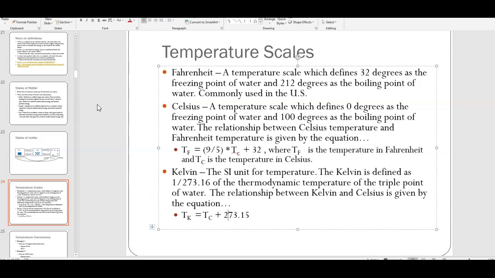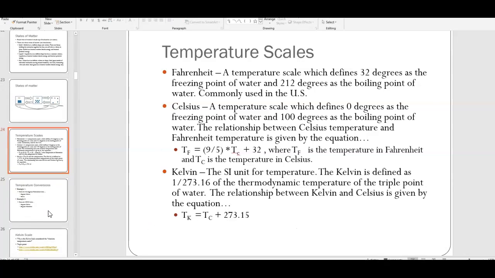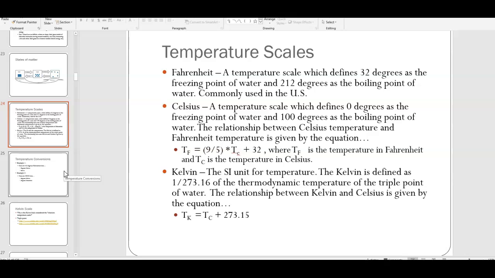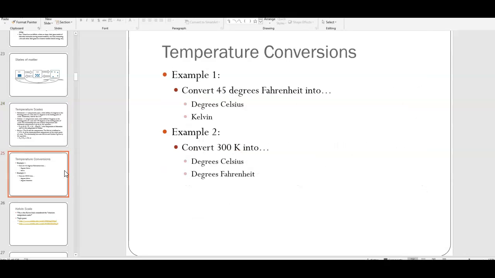Now, if you leave off the 0.15, it's not the end of the world, but technically it should be there. Okay, so what we're going to do now is a few examples with unit conversions really quickly, and then we're going to talk just briefly about the triple point concept.